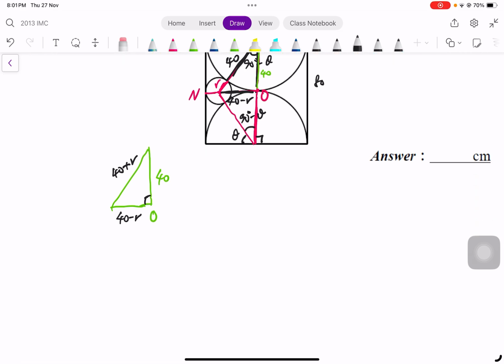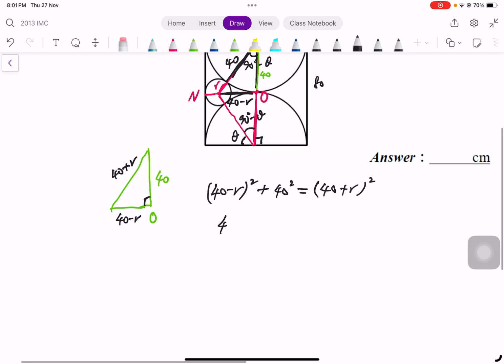Therefore, we can say that 40 minus r squared plus 40 squared is equal to 40 plus r squared. Therefore, we can do a factorization. That means 40 squared is equal to 40 plus r squared minus 40 minus r squared.